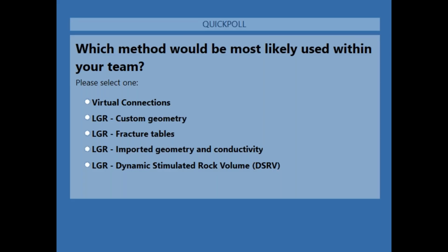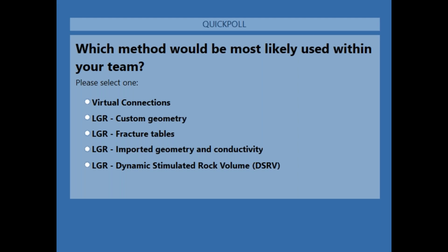On your screen, you should see a pop-up that just came up with the poll asking you which method would be most likely used within your team, as well as 5 options below: virtual connections, LGR by custom geometry, LGR with fracture tables, LGR with imported geometry and conductivity, or LGR dynamic stimulated rock volume.